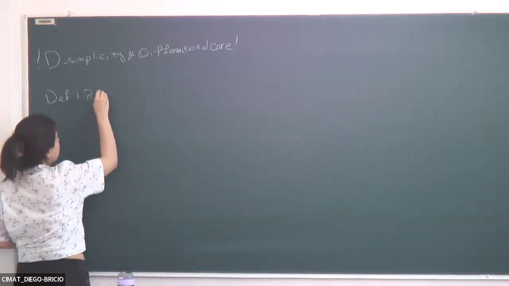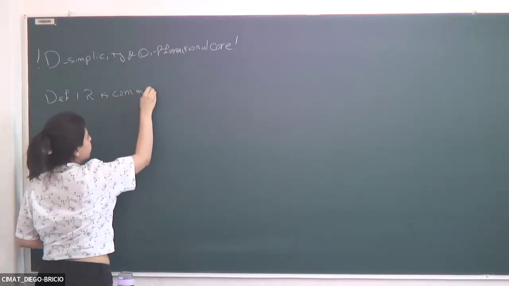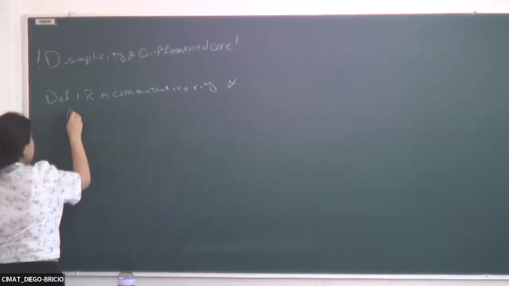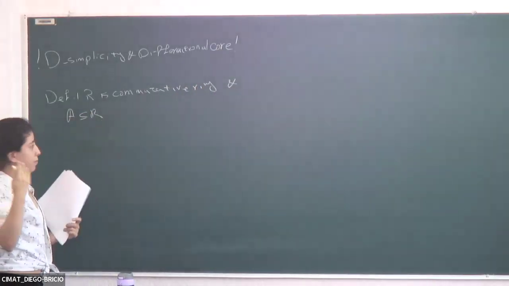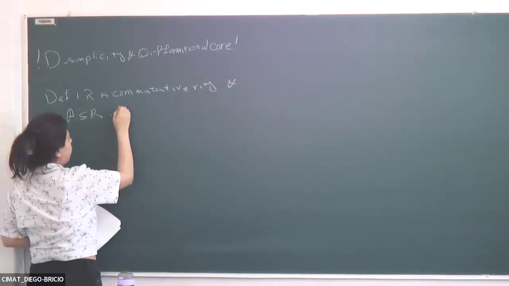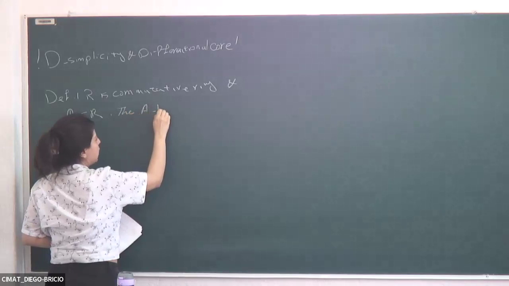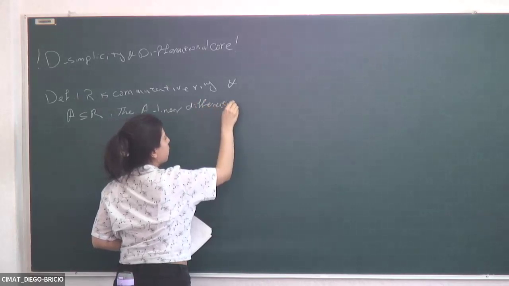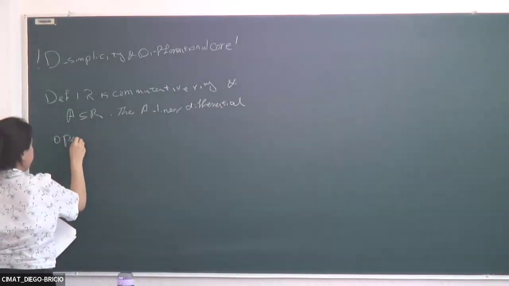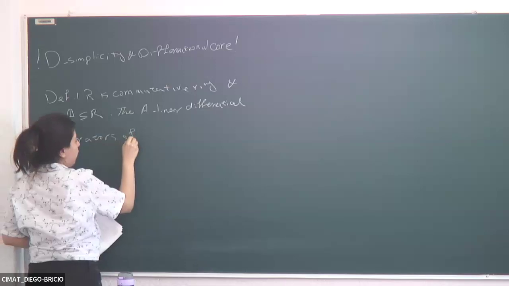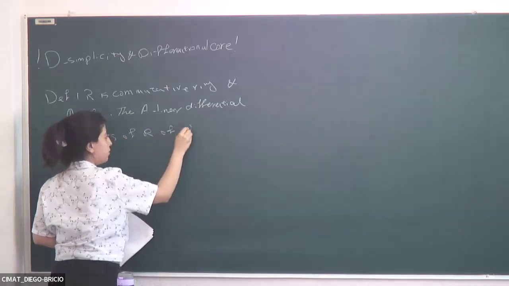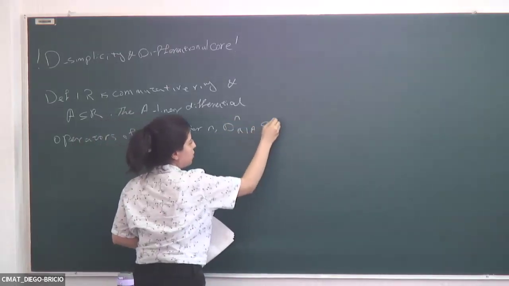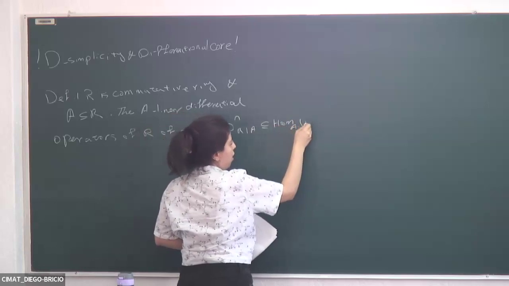So R is commutative, and A is a subring of R. So the differential operator of R of order n is denoted by D^n_{R/A}, a subset of R.